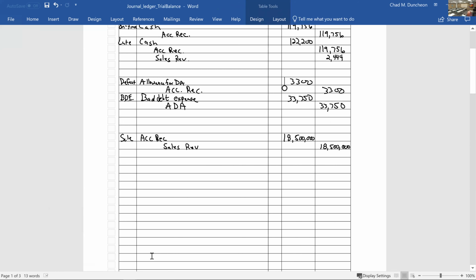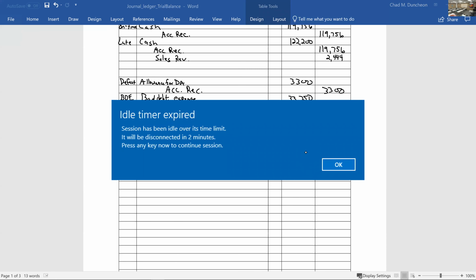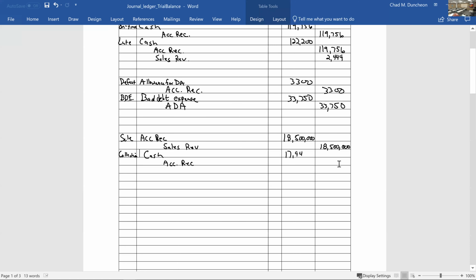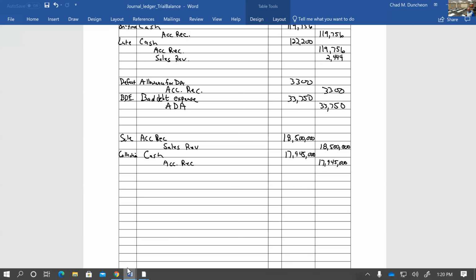That's because when we collect it, we debit our cash and credit our accounts receivable. Okay, so that is our collections journal entry.